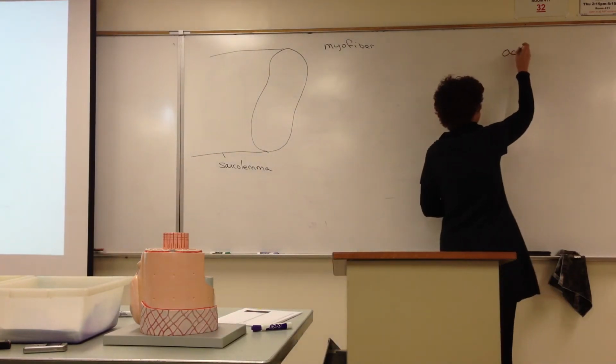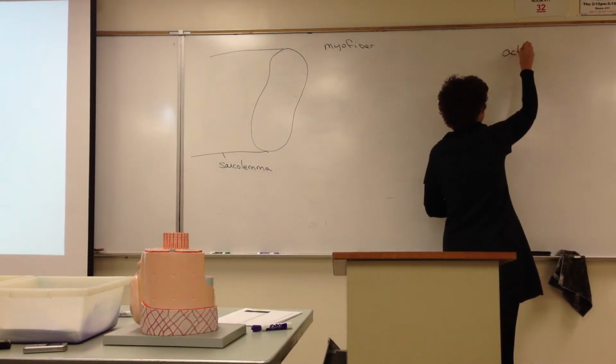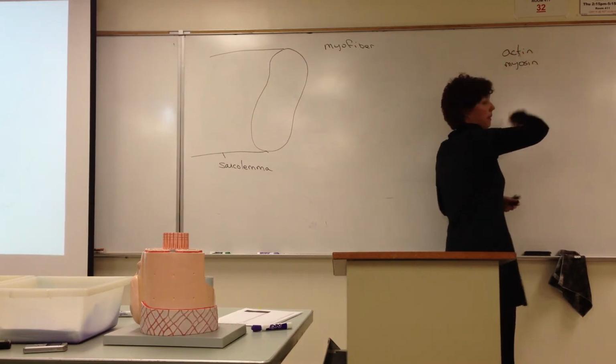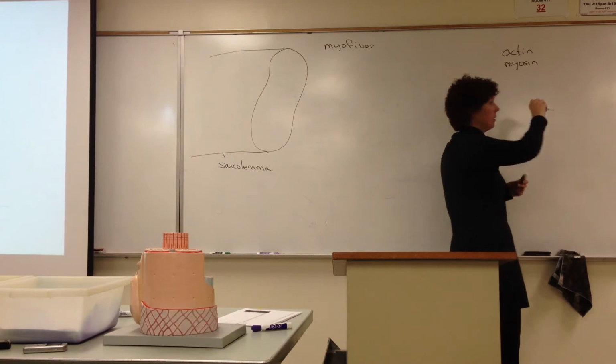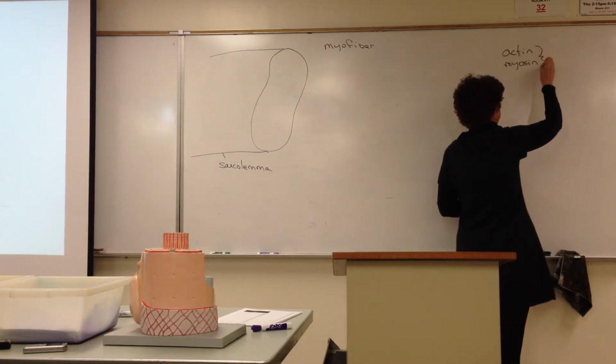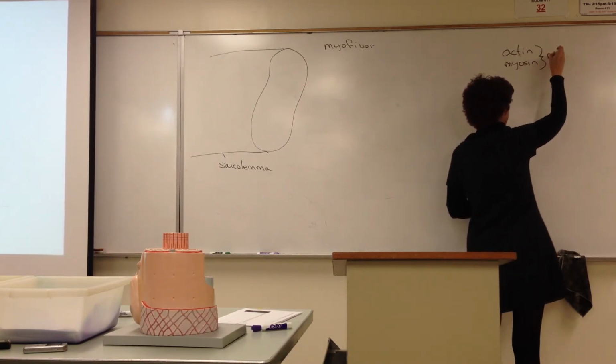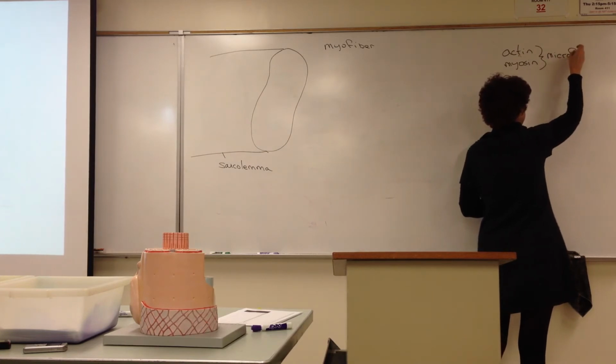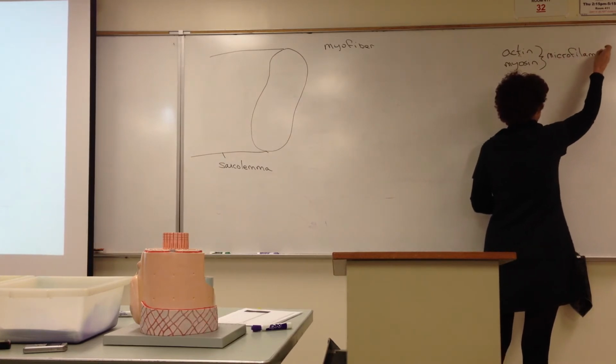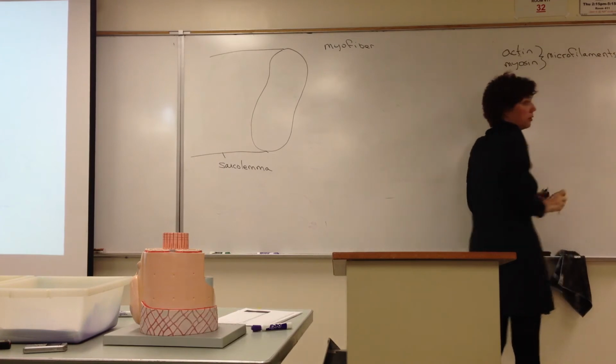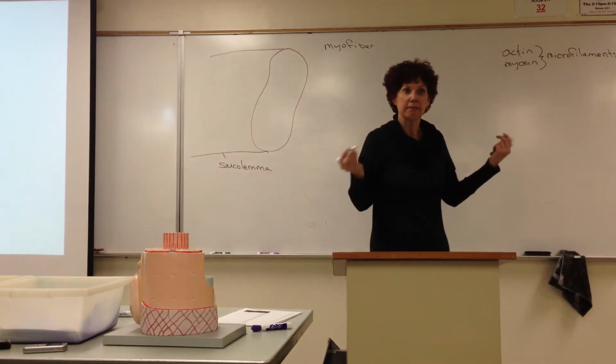So actin and myosin. Remember that was about 5 nanometer and 10 nanometer filaments. When we talked about the cell, we talked about them as microfilaments because of their diameter compared to microtubules and intermediate filaments.